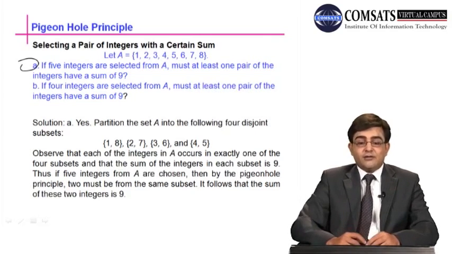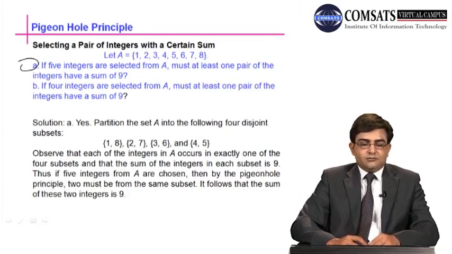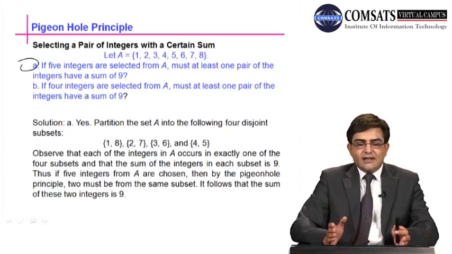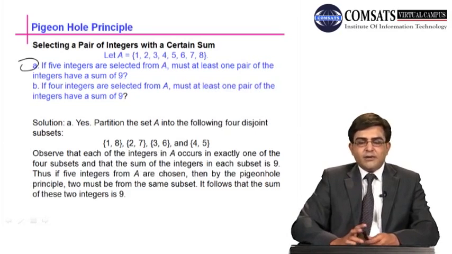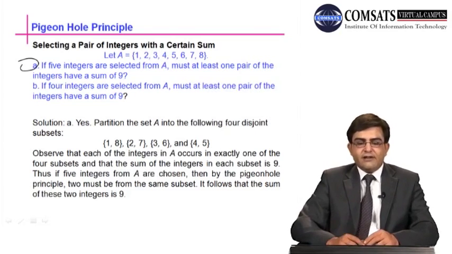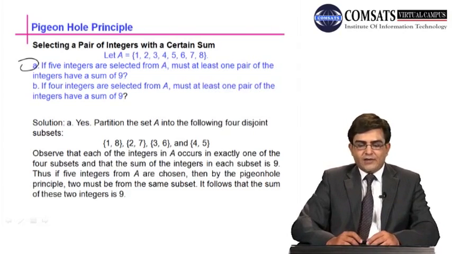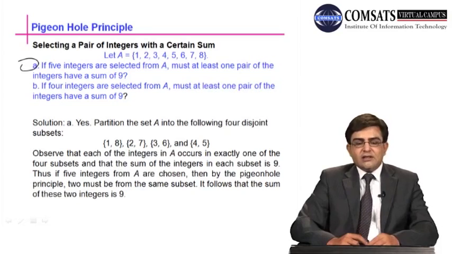So this is what we have to investigate: if we select any 5 integers from A, is it necessary that at least one pair out of these 5 integers gives us the sum 9? And we shall solve this problem by using the pigeonhole principle.